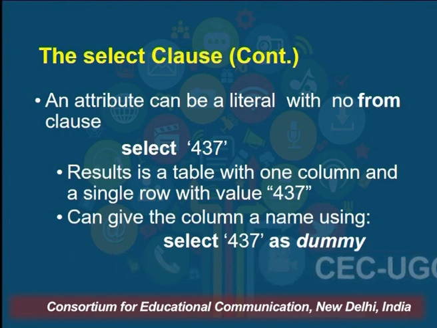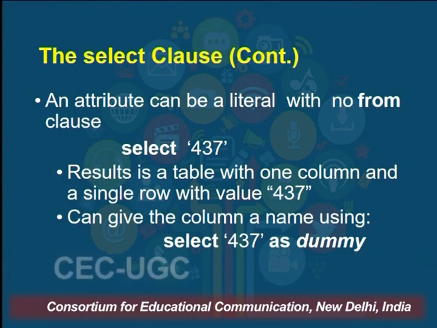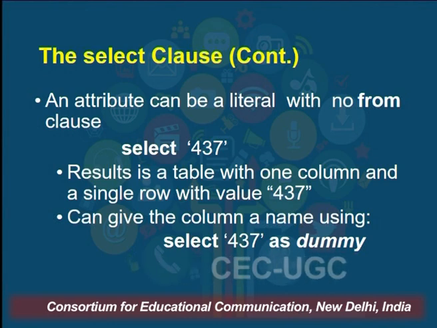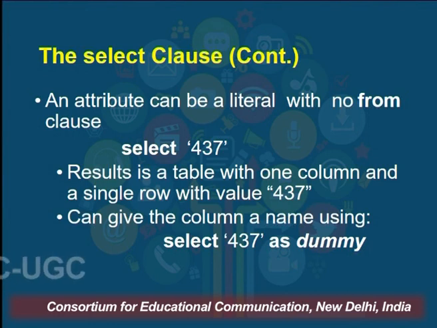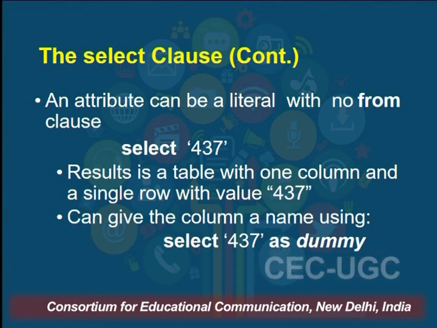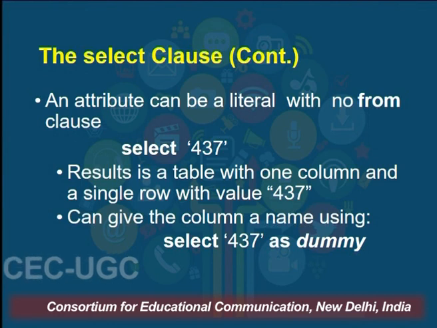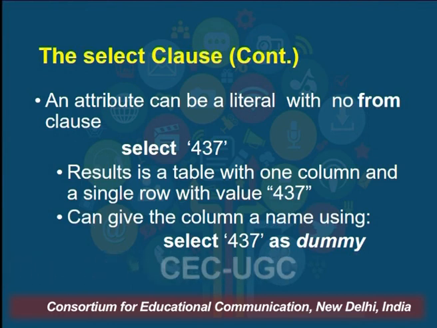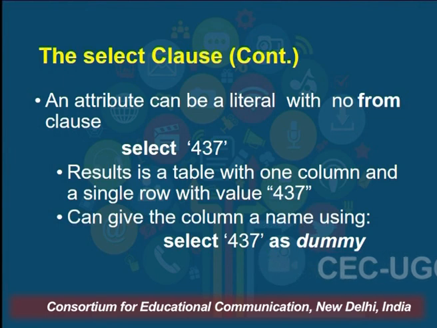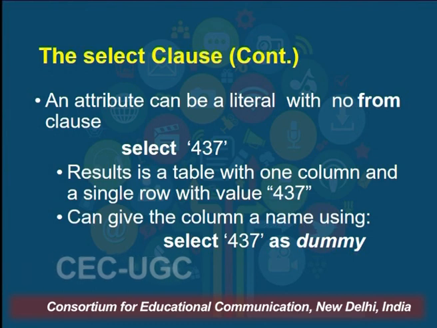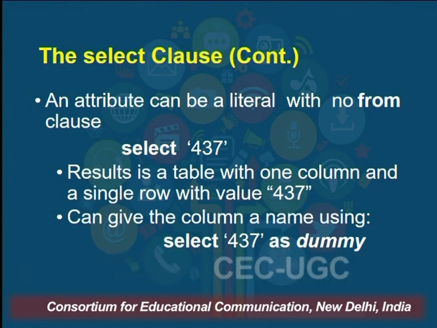Now what if we want to name that particular column, we want to give that column a name? We can give the column name using as. So select 437 as dummy. Then your result will be a table with one column, the name of that column will be dummy, and the value will be 437.